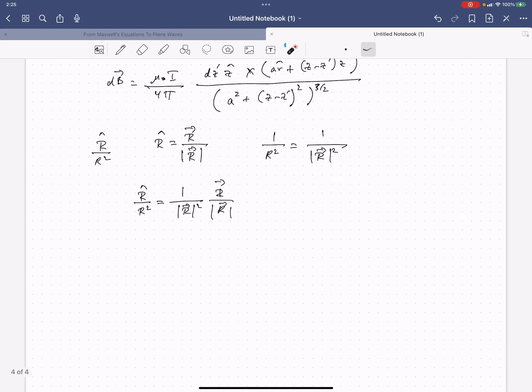And I'm going to end up with R over amplitude of R cubed.